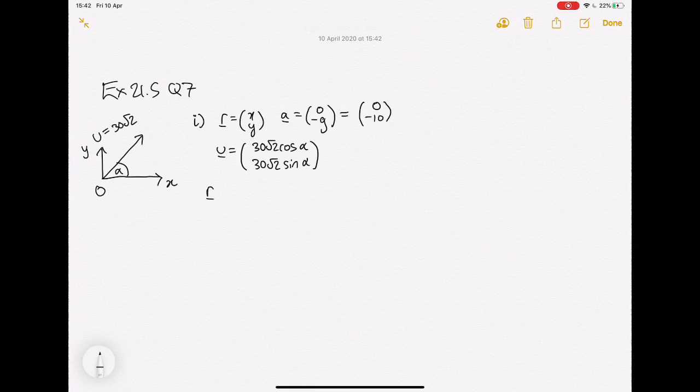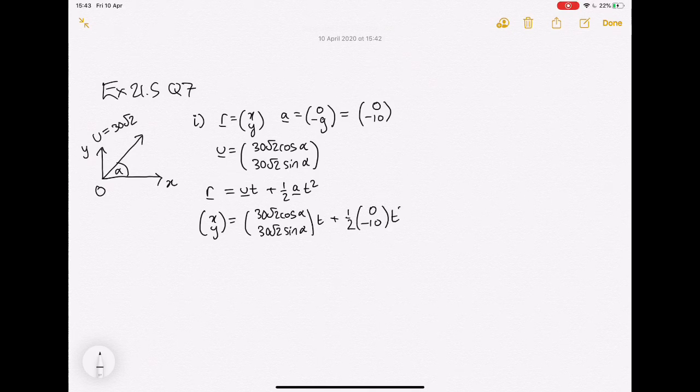Substituting this into the equation r equals ut plus a half at squared, we get (x, y) equals (30 root 2 cos alpha, 30 root 2 sin alpha) times t plus a half of (0, -10) t squared.